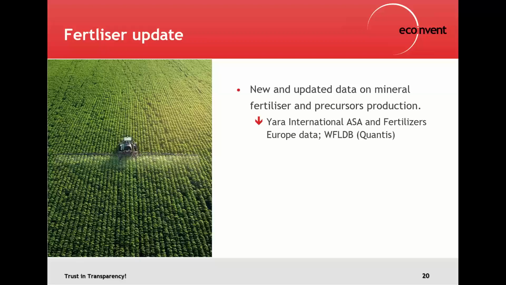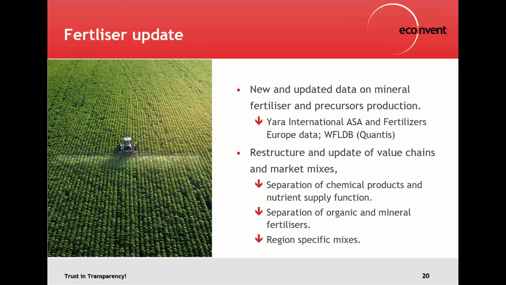We have in version 3.7 and 3.7.1 new and updated data on mineral fertilizers and precursors production. This is data from Yara International and Fertilizers Europe that came to ecoinvent through the World Food Database and Quantis. Together with this update, we restructured and updated the value chains and the market mixes.